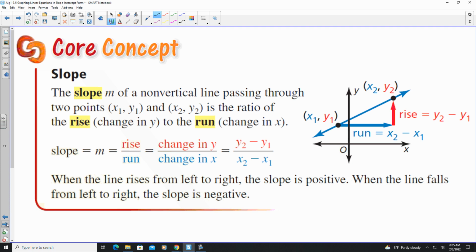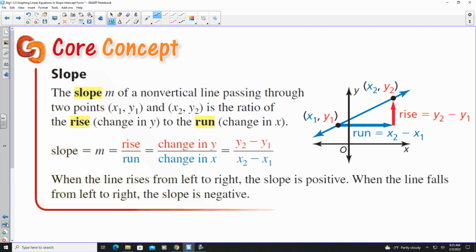A fairly common saying for slope is you have to utilize what is called rise over run. Rise over run simply means that we are taking a look at the rise, which is the vertical change of our graph with respect to the line, and run is the horizontal change of our graph with respect to the line.